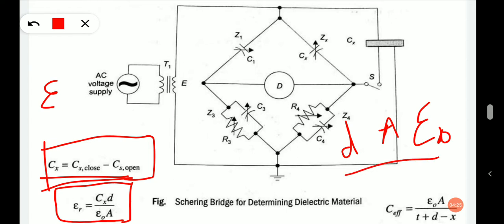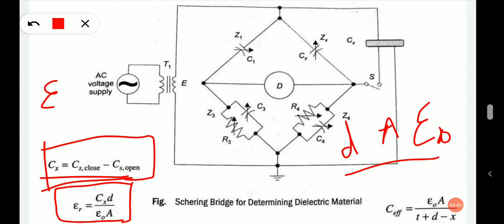Another method to determine the relative permittivity is the one in which the dielectric material is removed after measuring the value of Cx, and the distance between the metal plates is adjusted so that the value of capacitance remains the same.